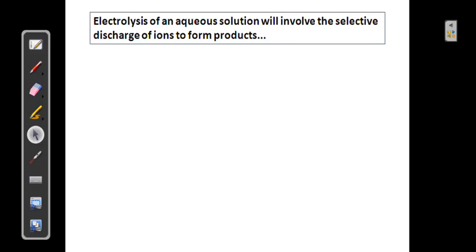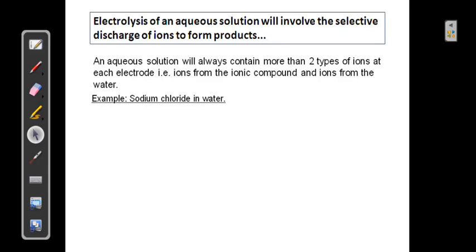What this really means is when you do electrolysis in an aqueous solution, selective discharge will take place of the ions. There are reasons for it. An aqueous solution will always contain more than two types of ion at each electrode.